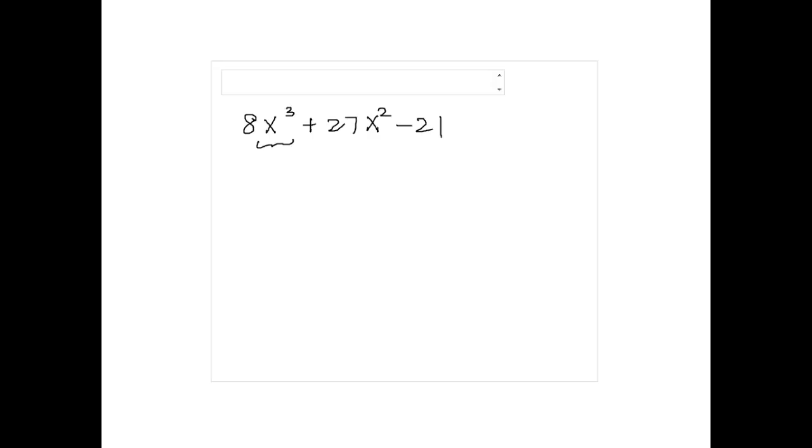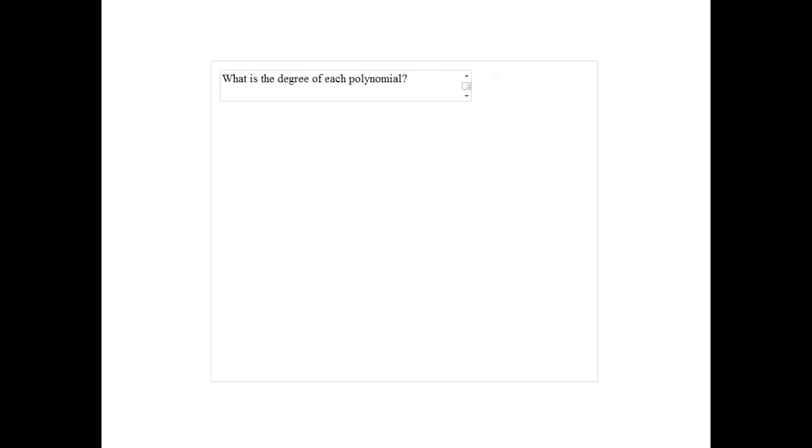So we have a degree of 3 for the first term, and the degree is 2 for the second term. So the bigger one is 3. So the answer is 3. You look at the exponents to find out.